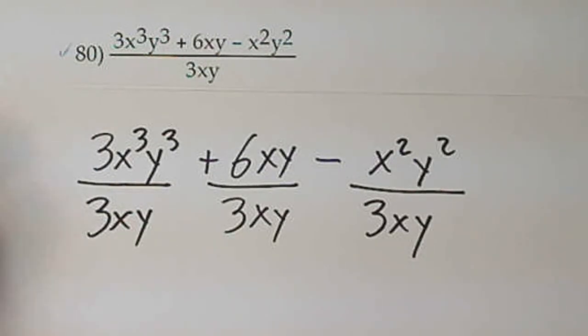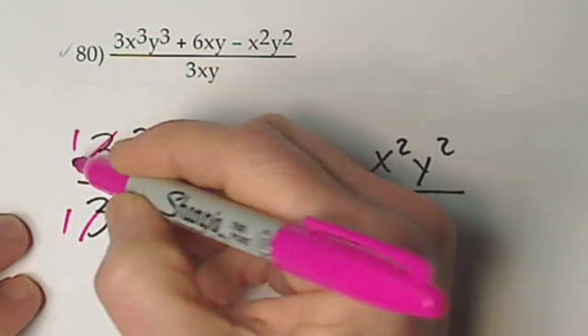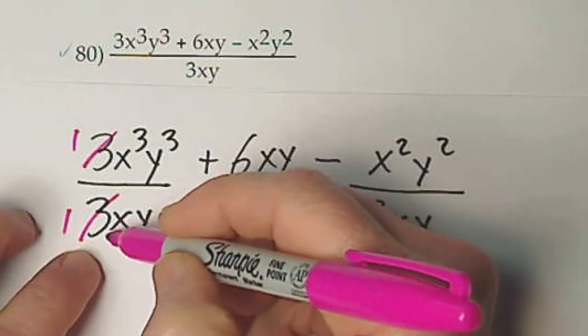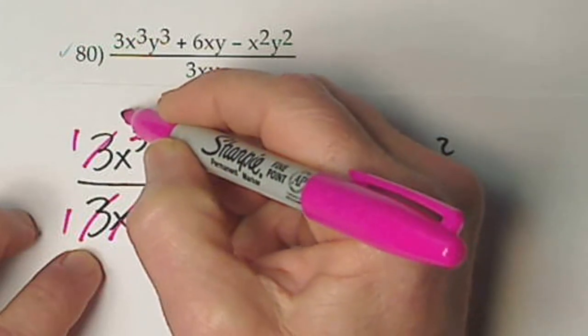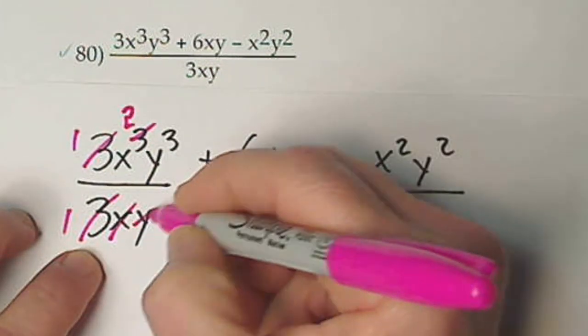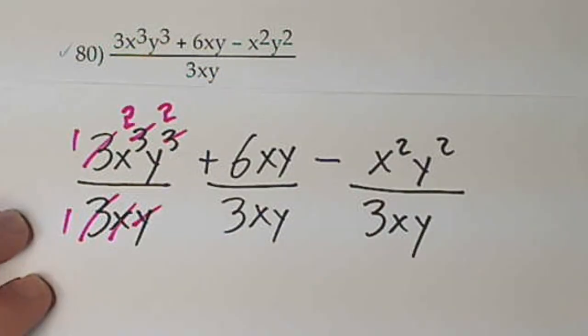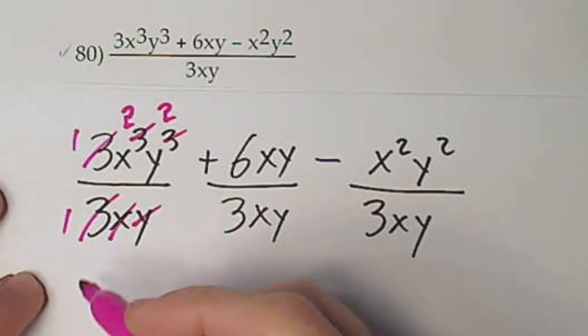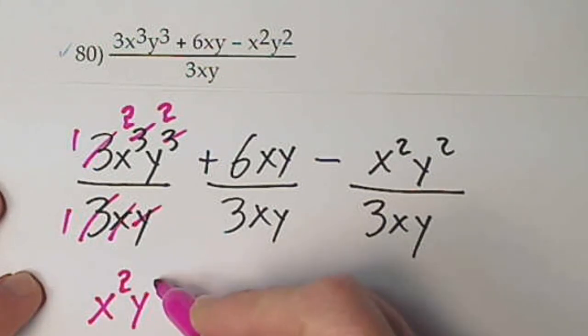Okay, and then we'll cancel common factors. So 3 goes into 3 once, 3 goes into 3 once. I'm going to lose 1x down here, so I subtract 1 from 3. I got 2. Lose that y, subtract 1 from 3. I got 2. So this term all cleaned up to be x squared times y squared.